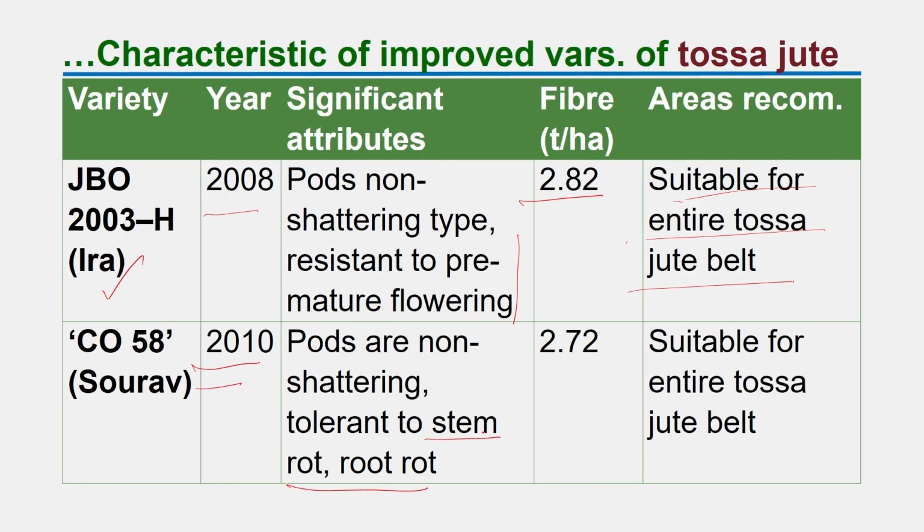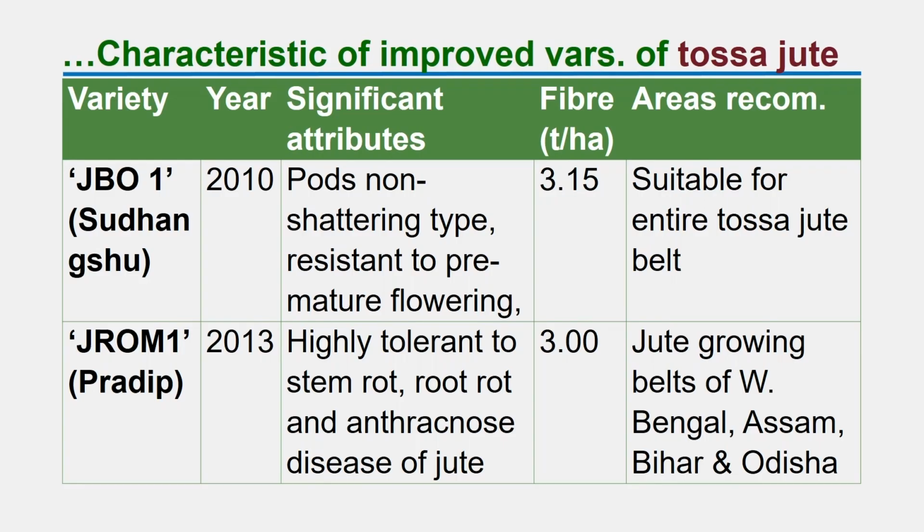So they are tolerant to certain diseases also, this variety, and yield potential is 2.72 and suitable for entire Tosa jute belt of the country. JBO 1, which is Sudhanshu, released in 2010. Pods are non-shattering type and resistant to premature flowering. Yield is high, 3.15 tons per hectare, suitable for entire Tosa jute belt.